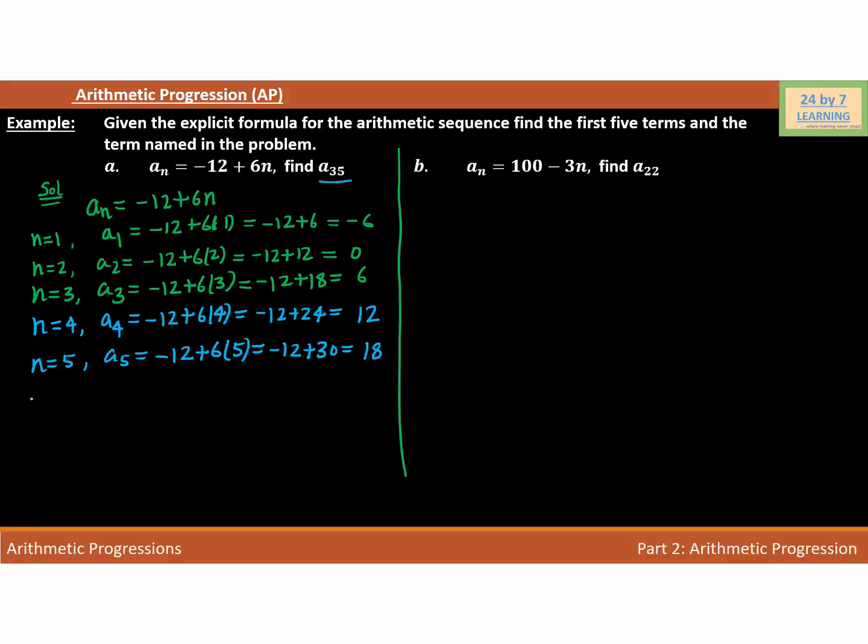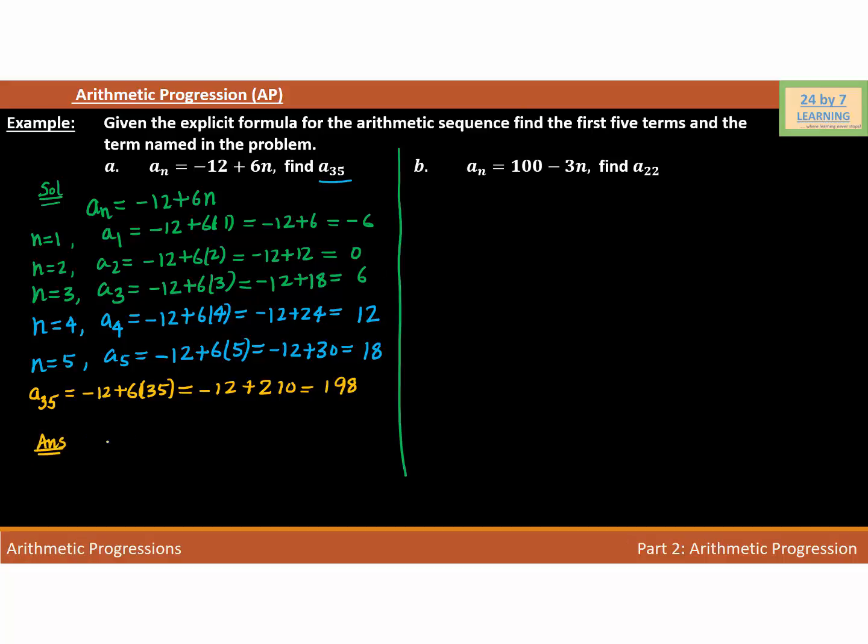Now it's time for us to find the 35th term. a35 is equal to -12 plus 6 times 35. We know that 6 times 35 is 210, so -12 plus 210 gives 198.